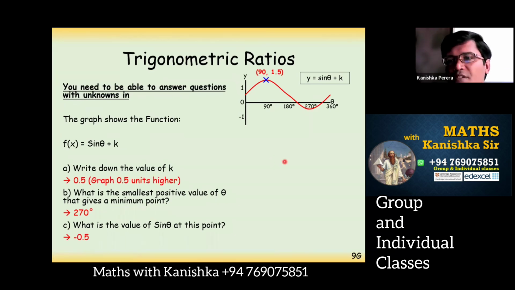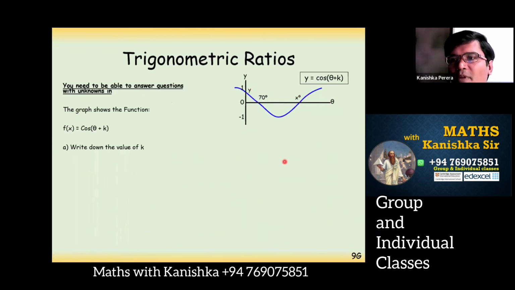Likewise, there are some questions they can give about cos theta. What is the value that you can figure out here, right?